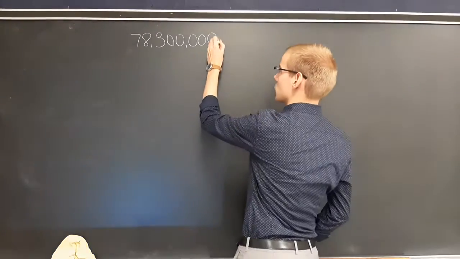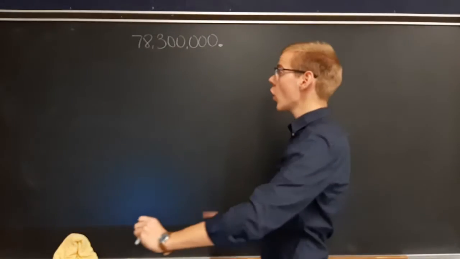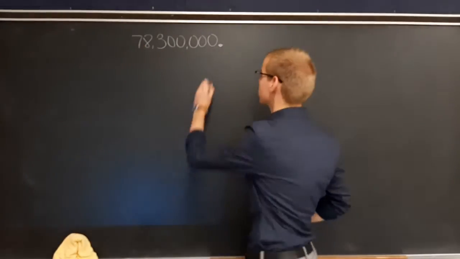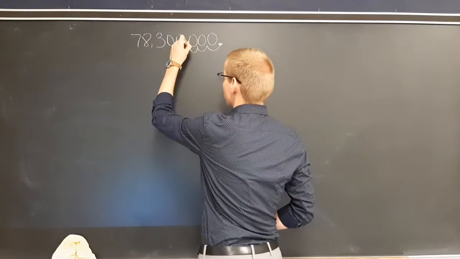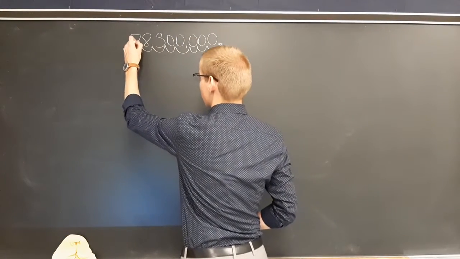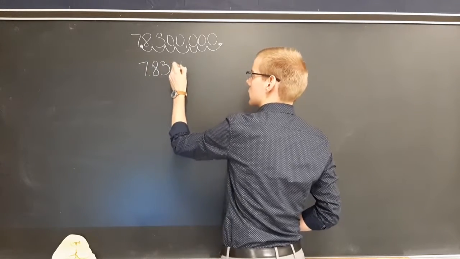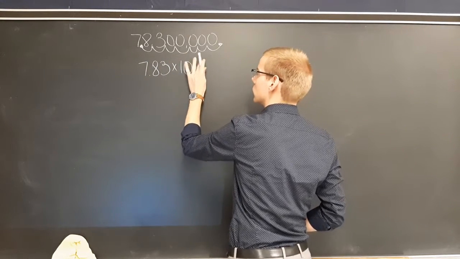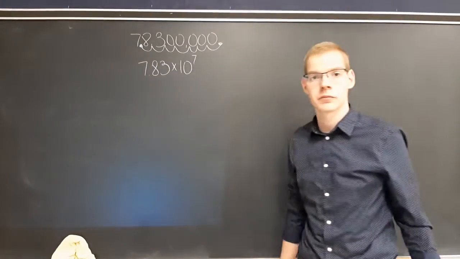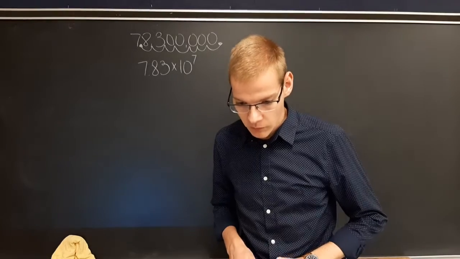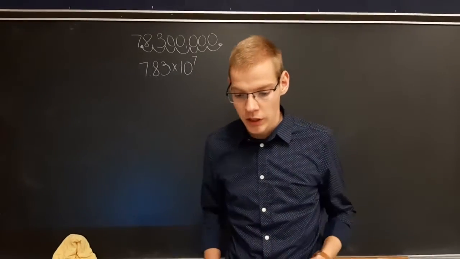Move this decimal all the way at the end over to the other side where there's only one number left. 1, 2, 3, 4, 5, 6, 7. So you'd write 7.83 times 10 to the power of positive 7. Pretty simple there, right? Now let's do a negative one.